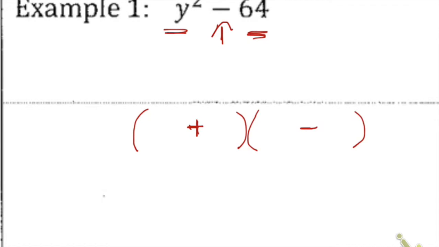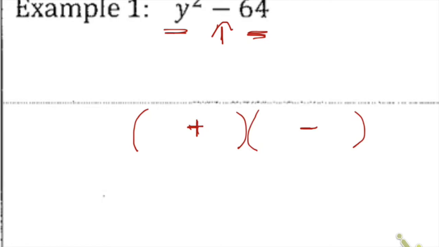So we see in example 1 that we have that difference, the subtraction, between two perfect squares, y squared and 64. So if we recognize that, then we know the pattern of the factors they came from. We know that we had two binomials and that they had different signs, so one was plus and one was minus.